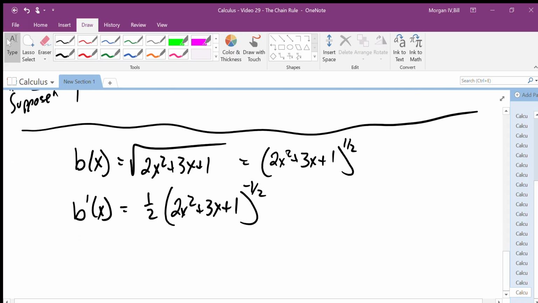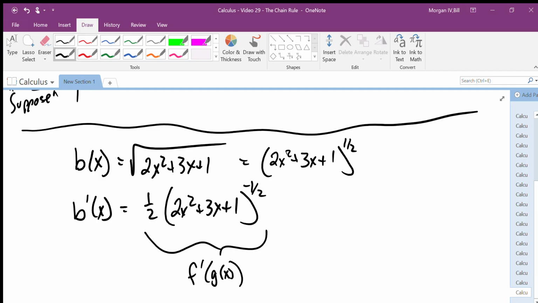So this part that we've done so far is f prime of the g of x function, the derivative of the outside, but the inside function stays exactly as it is. And then multiply that by g prime of x, the derivative of the inside.